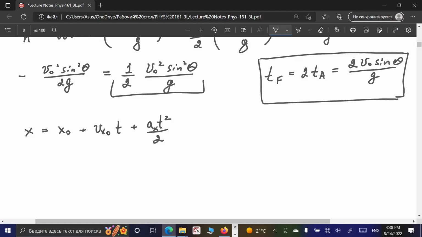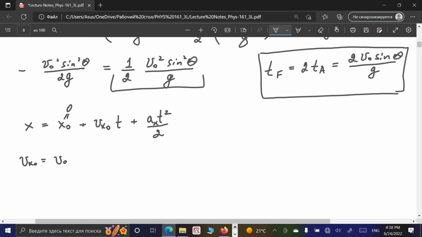So in this case, x naught is equal to 0 because it starts from the origin of the system of coordinates. v x naught, we know what v x naught is, that is equal to v naught, the magnitude of the initial velocity vector, times cosine of angle theta, times t, and a x, in this case, what will be a x? What do we put instead of a x? Plus g.